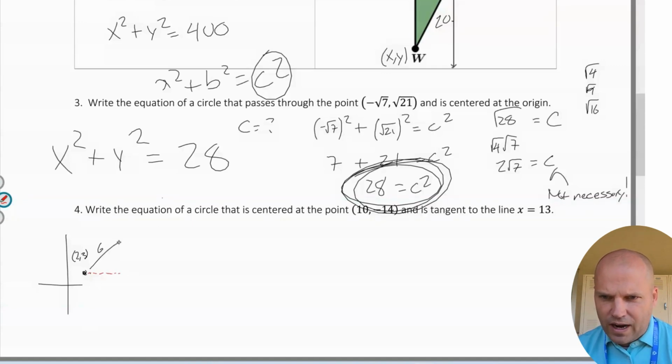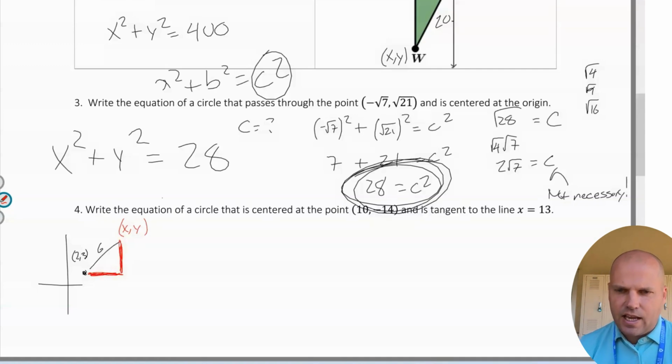Well, we got to figure out what this x, y point is. To use it, we need this length here and that length there. And we've talked about before, if you have the point 2, 3, and then the point x, y, how do you find the distance between the two?